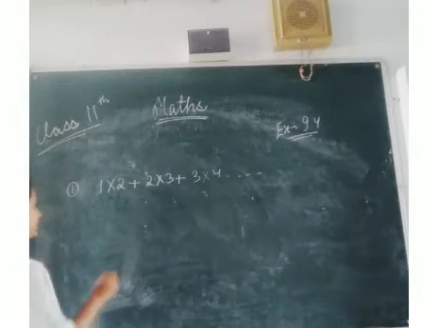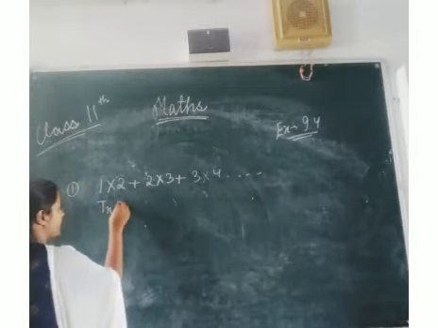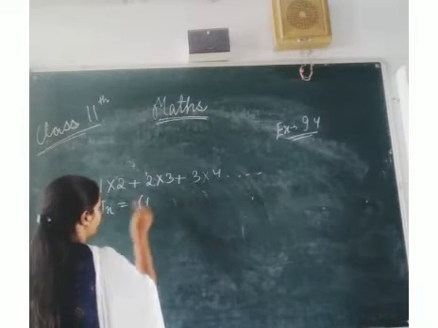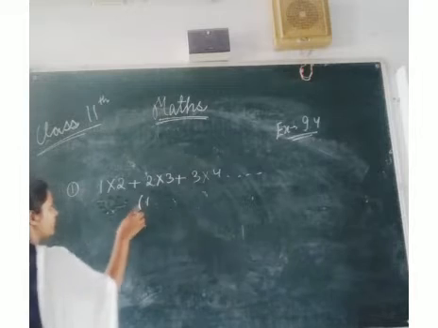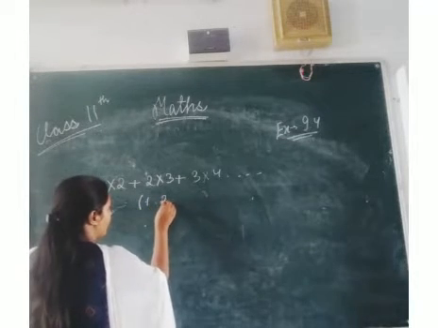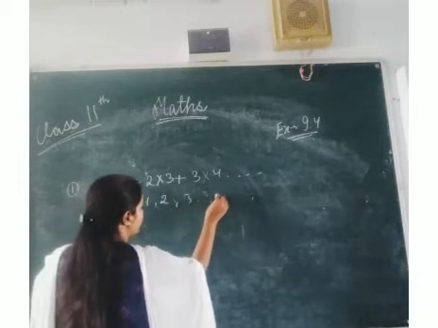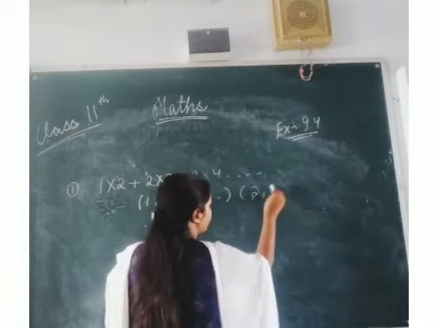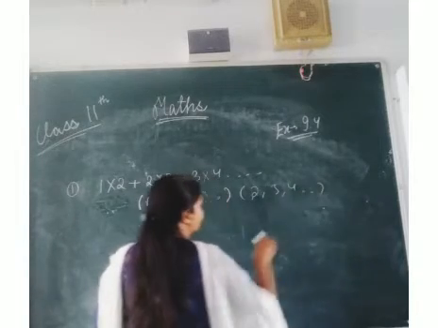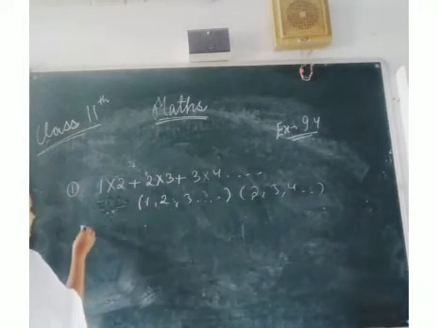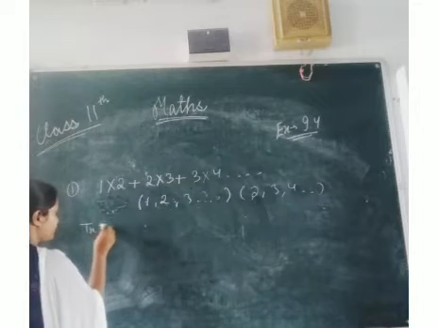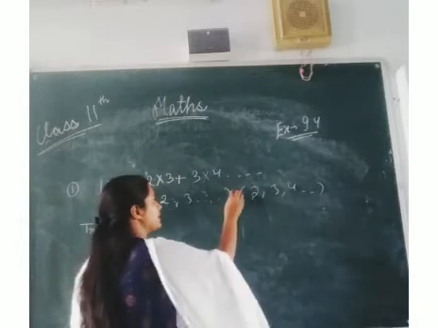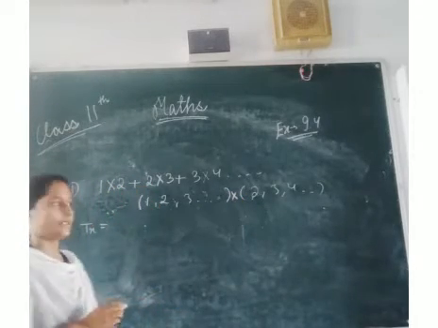So to find the nth term Tn, the first part will be 1, 2, 3 and so on up to the nth term, and the second series has terms 2, 3, 4 and so on. We will find the nth term for the first sequence and then for the second sequence, and multiply them.